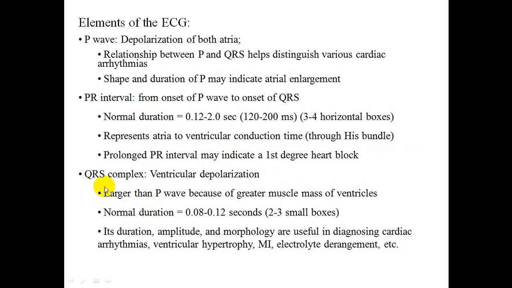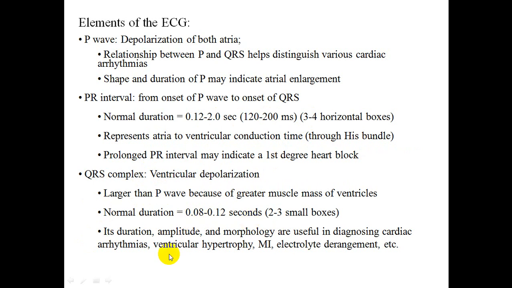The QRS complex is ventricular depolarization, larger than the P wave because of the muscle mass of the ventricle and the large electrical activity there. Normal duration is 0.08 to 0.12 second, 2 to 3 small squares.